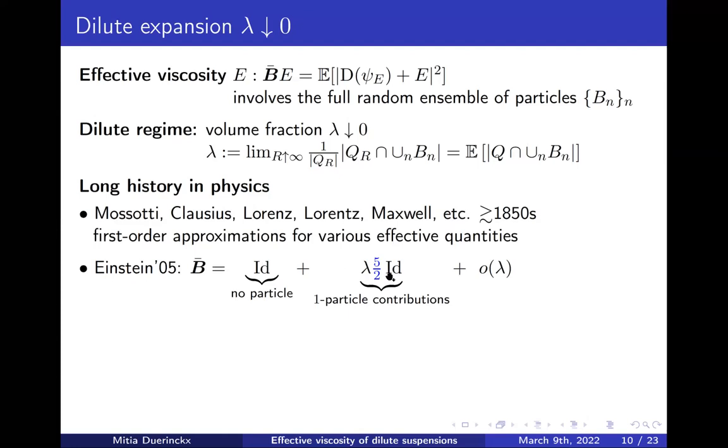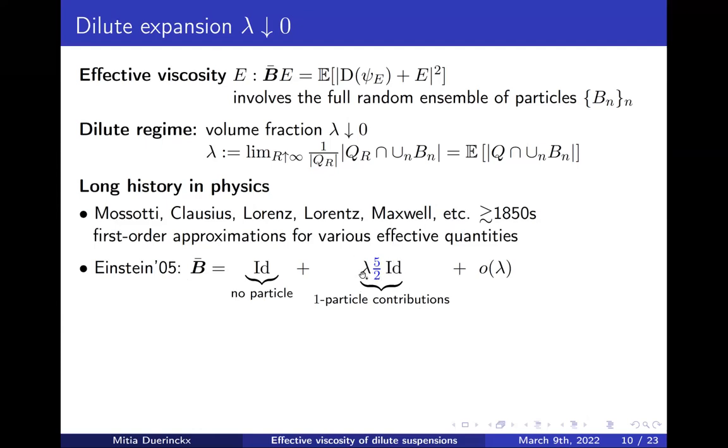Then the first correction, and this is the usual thing people were doing: because particles are typically very far from one another, you look at them as being isolated. The first correction just corresponds to summing the contributions of particles as if they were isolated. So you sum the one-particle contribution, and this is what Einstein computed for the effective viscosity.